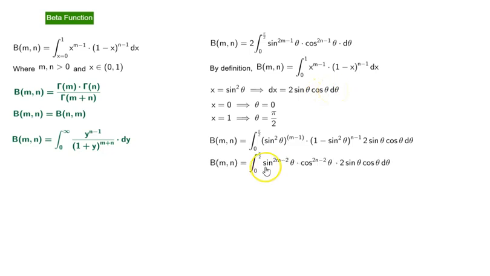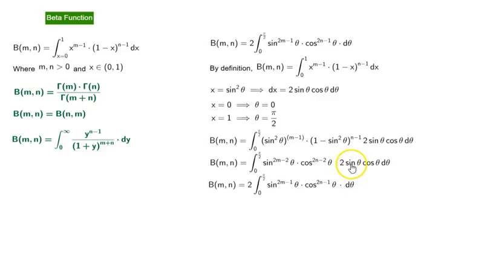Okay, simplifying this, we get integral from 0 to pi by 2 of sine to the power of 2m minus 2 theta times, 1 minus sine square theta is cos square theta, so cos to the power of 2n minus 2 theta times 2 sine theta cos theta d theta.